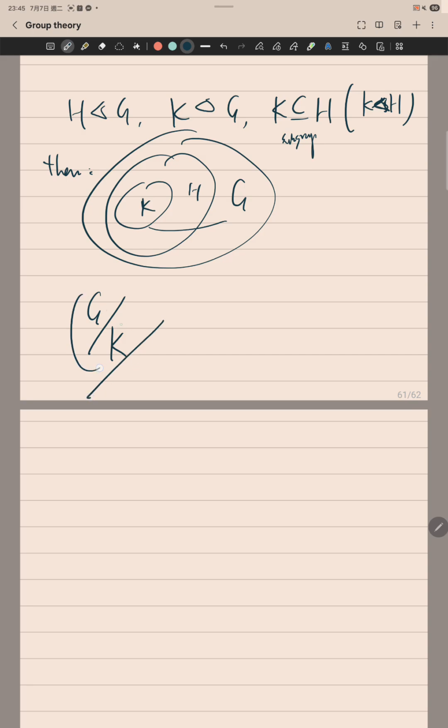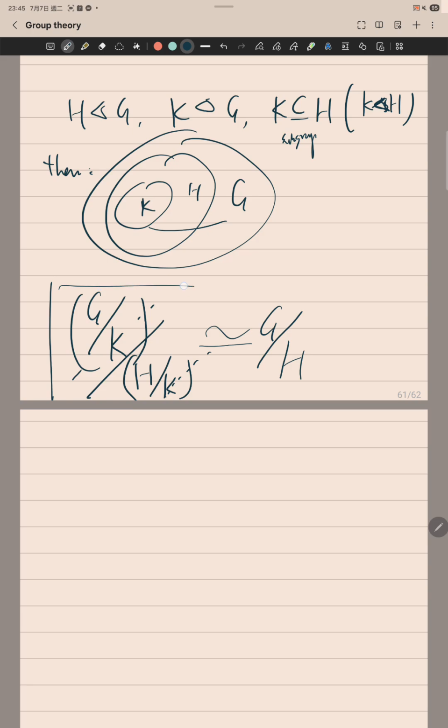If you quotient H quotient K, then it is isomorphic to G quotient H. This is the same as a somewhat trivial division, but it's very simple to remember this formula. Basically, G quotient K, quotient H quotient K, is isomorphic to G quotient H.